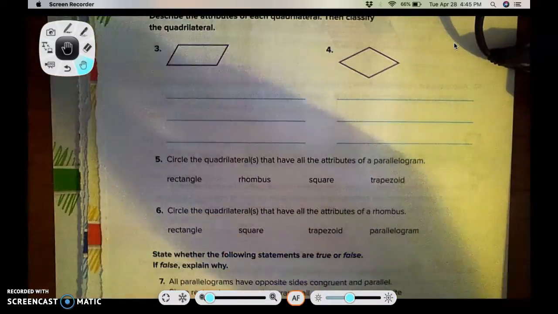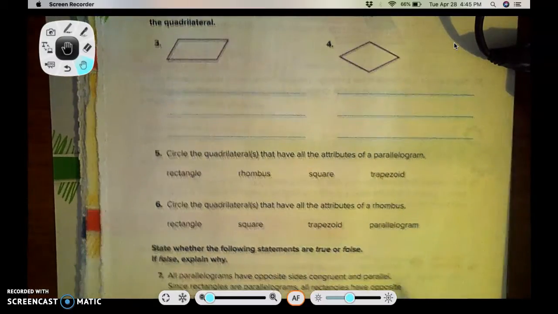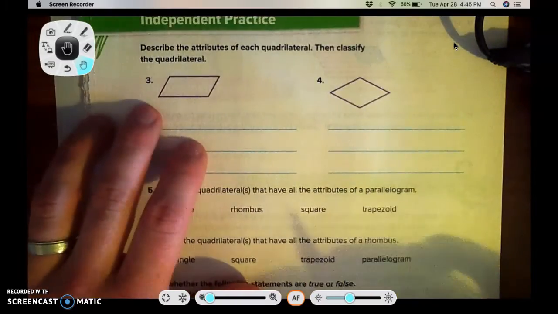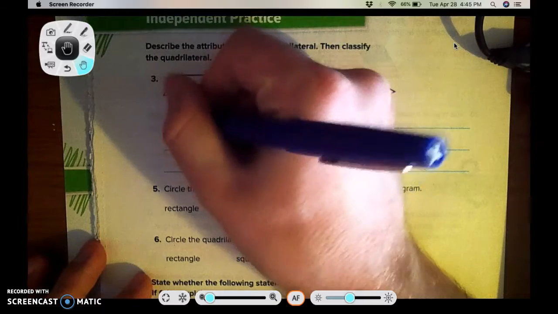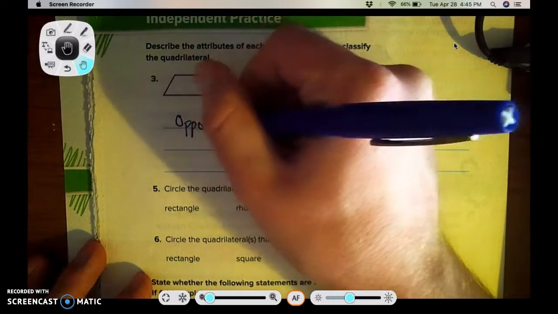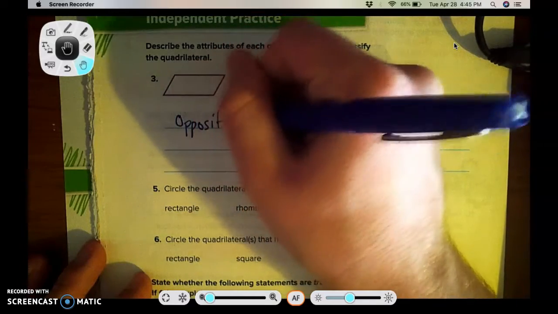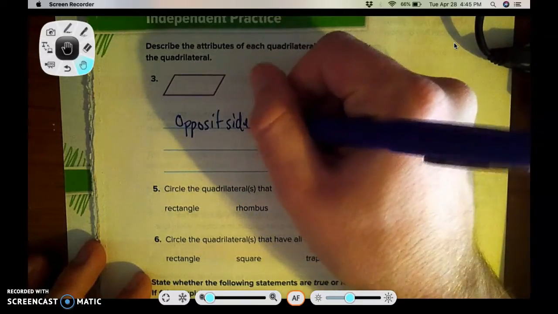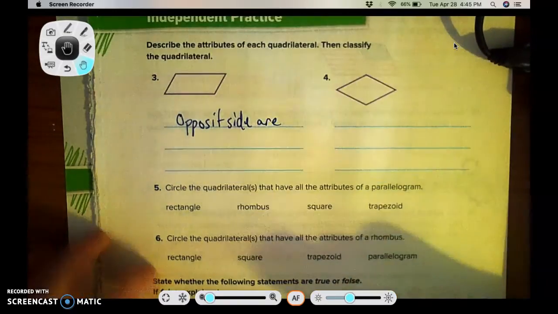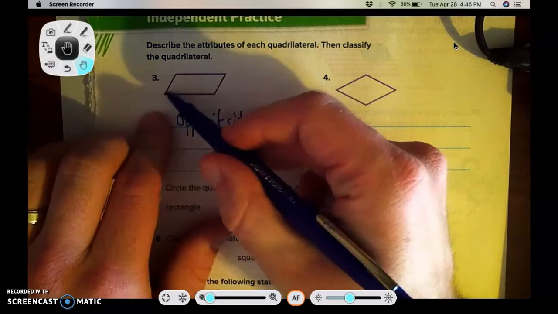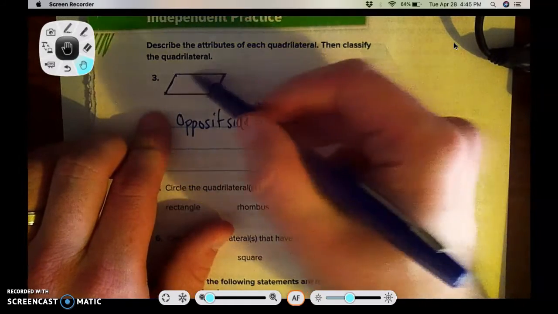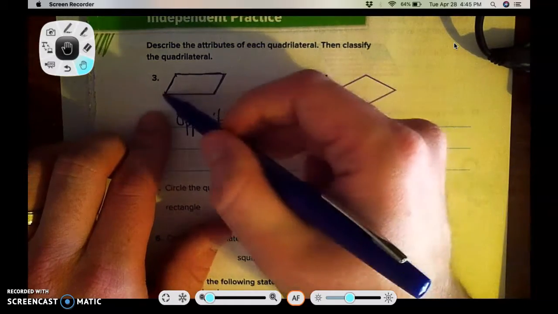So, again, describe it with sides and angles, words like congruent and parallel. So, opposite sides are congruent because this side is the same length as this one, and this length matches this one.